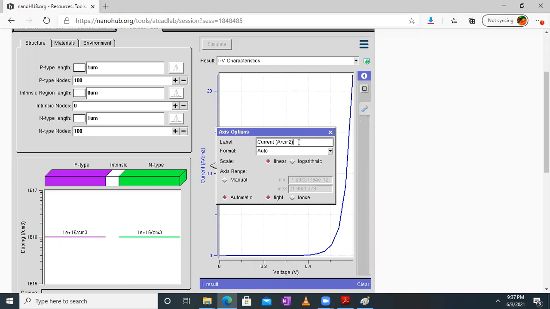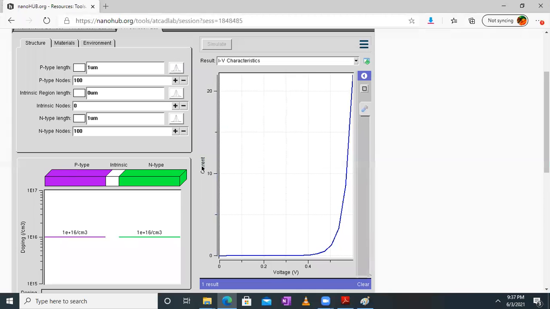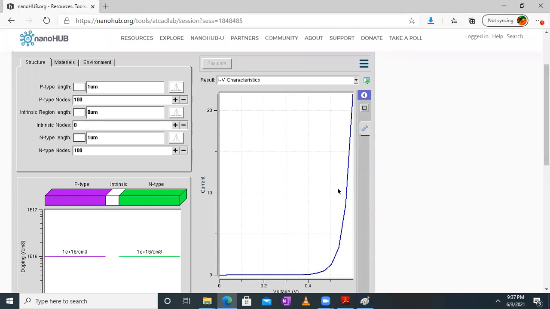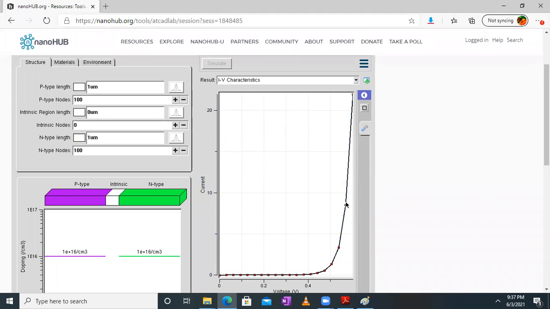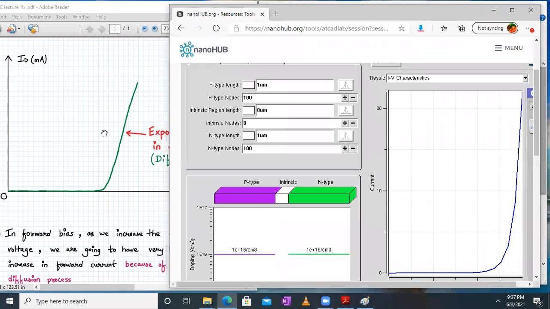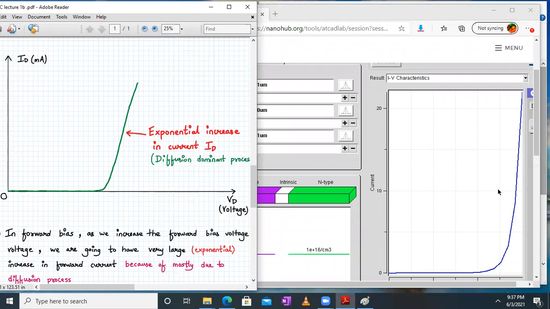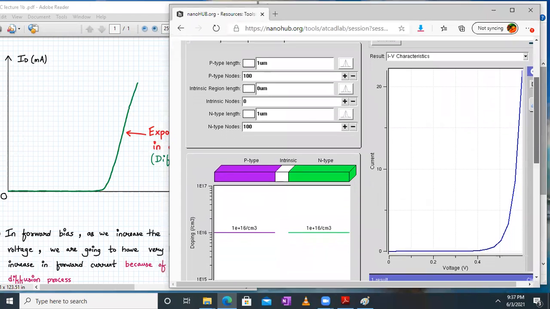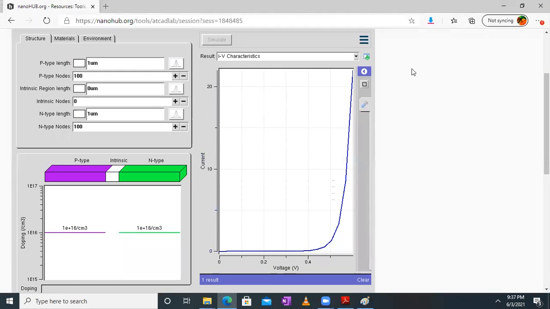Let me change this and see. Yeah, that will be current density only. By default, this simulation plot shows current density values. So it's okay, fine. The exponential nature is being verified over here, as you can see very clearly.